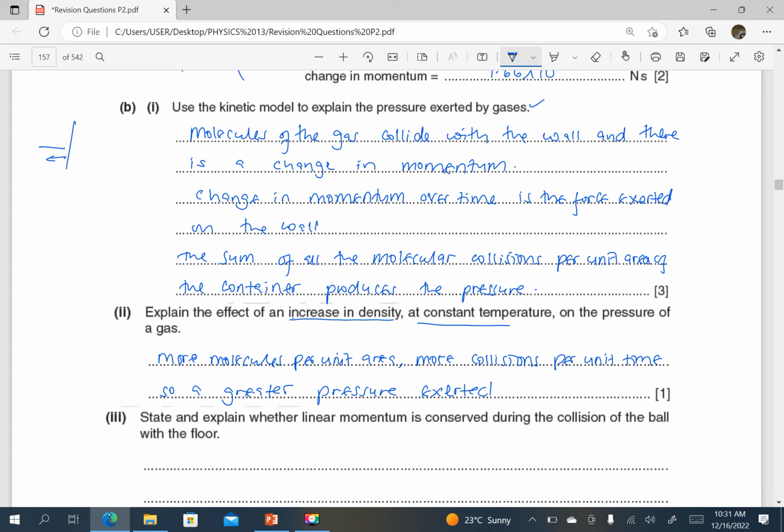Yeah, increasing the density would mean more molecules per unit area, which means we now have more collisions per unit time, and therefore we expect a greater pressure.